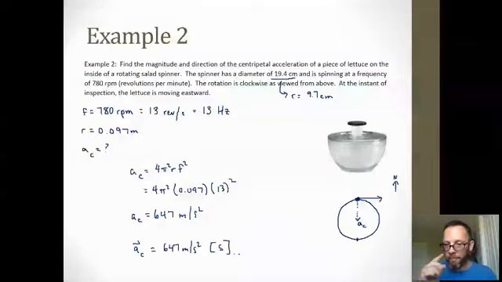So that's pretty cool. Now, for you or I to experience this acceleration, which is how many times bigger than gravity? About 66 times bigger than gravity, 66 Gs, like we would die. However, this is just a tiny piece of lettuce.